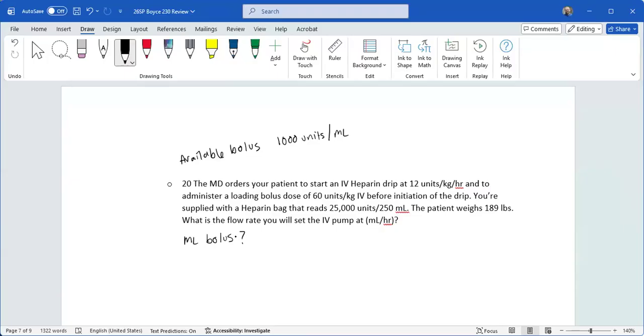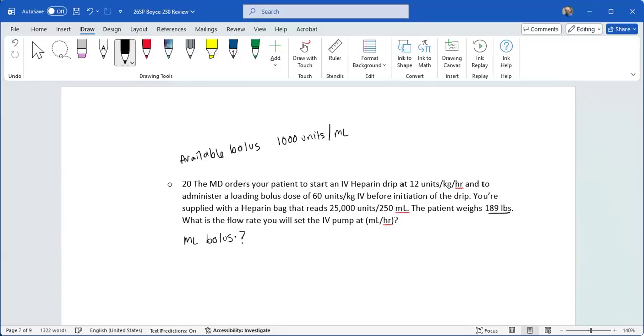So it tells you that you're going to start an IV drip at 12 units per kilogram per hour and to administer a loading bolus dose of 60 units per kilogram. You're supplied with heparin that reads 25,000 units per 250 ml. You're also given a bolus dosage of 1,000 units per milliliter.